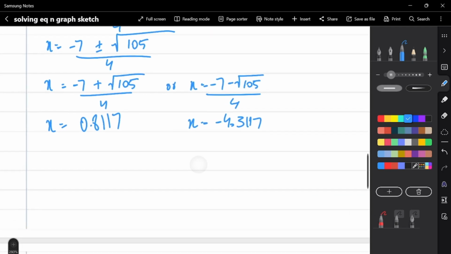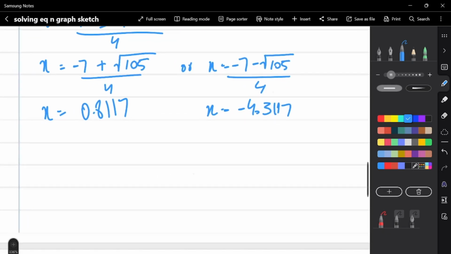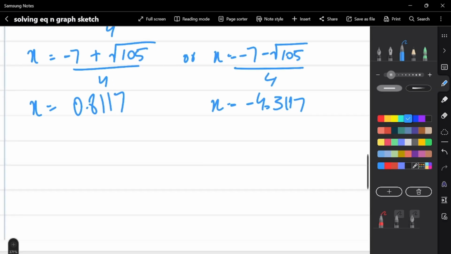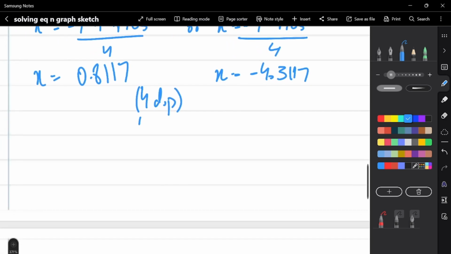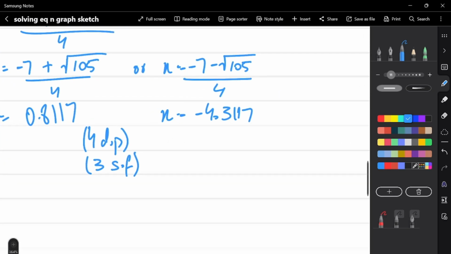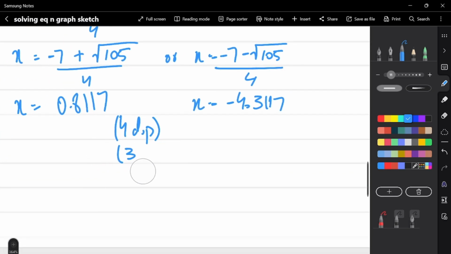Oh, and the rule for writing decimal places is that we go up to 4 decimal places, or maybe 3 significant figures. It usually depends. I'm going to be specifying these in the next videos, but for a while I'm going to be using 4 decimal places.